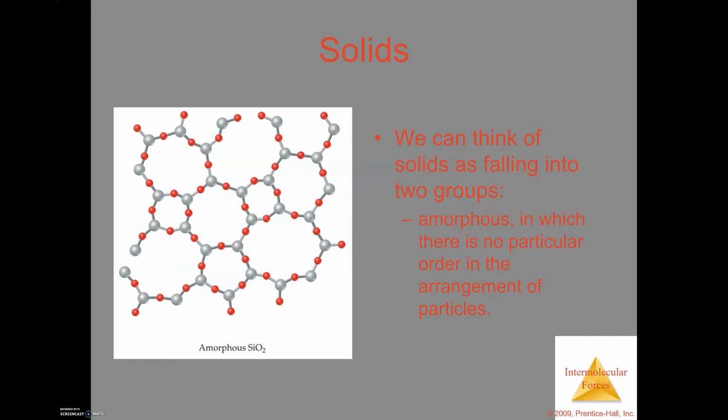The difference is that glass is an amorphous solid, whereas a quartz crystal that has that definite shape and structure is a crystalline solid. So you have to be careful in understanding whether you're dealing with a crystalline solid or an amorphous solid. An amorphous solid has no particular order or arrangement in its particles.